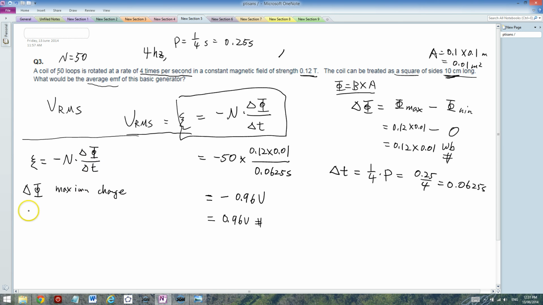The change in time is a quarter period, not a full period. And once you find the value, voltage RMS must be positive. If your value is negative, just get rid of the sign. So RMS is positive. And this is done. Please make sure you have this in your notes.